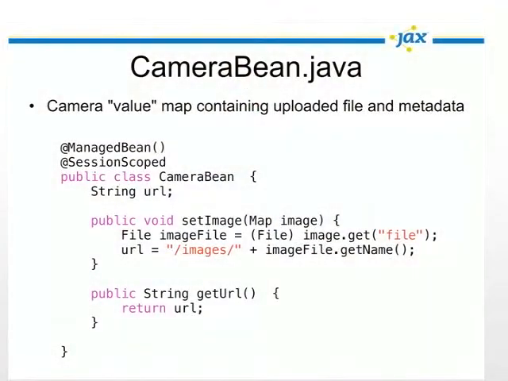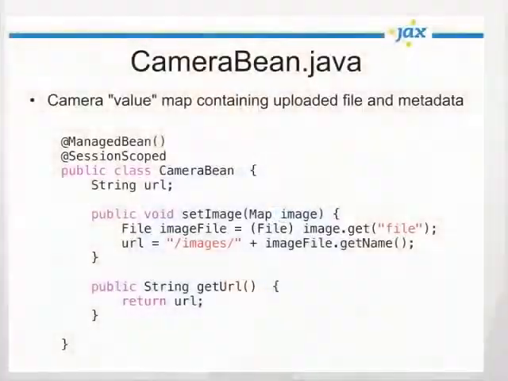So what the map allows you to do is use a standard Java type. So this is a POJO bean, where you can just retrieve the file as a standard Java file out of the map. Another possible strategy would have been to just have the value of the camera being a java.io.File.